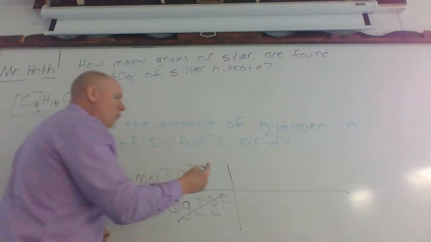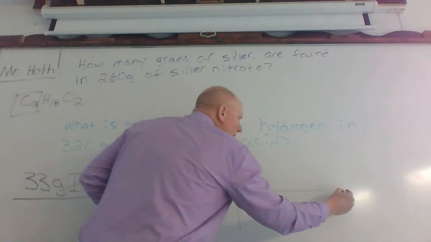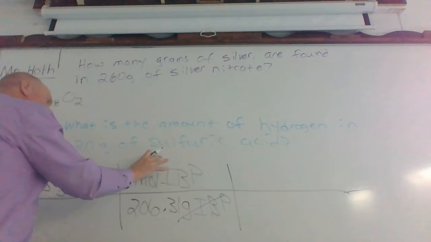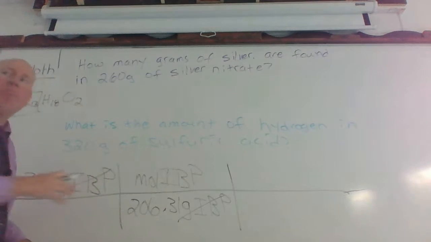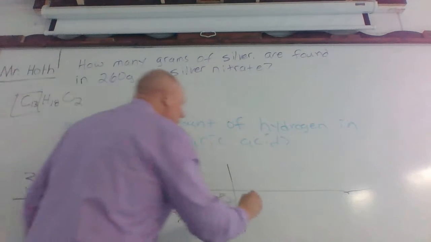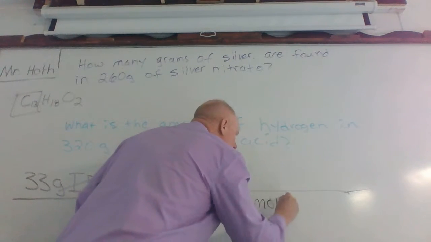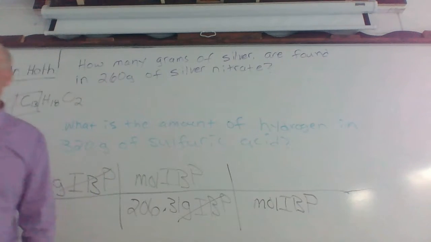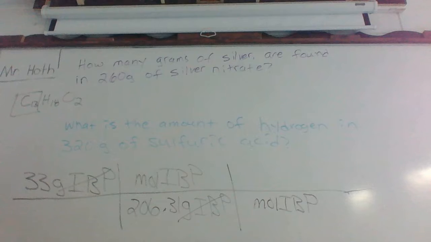We're going to go two steps further. How would we cancel that mole of ibuprofen out in our next step? We're going to put it on the bottom. A mole of ibuprofen. These are the two steps you're going to be utilizing a lot from here until the end of March.